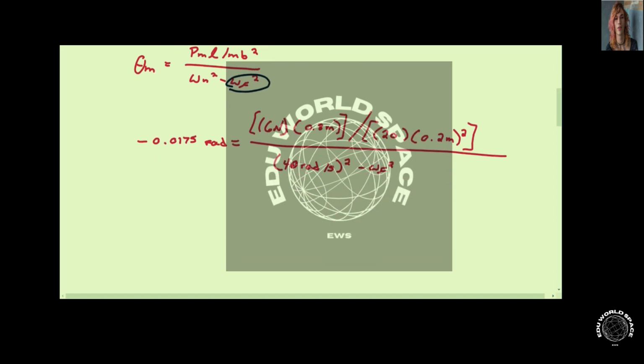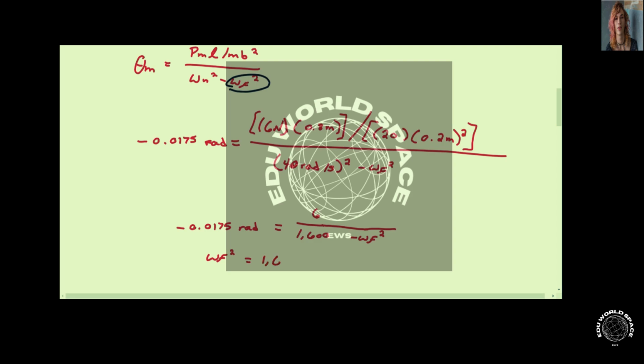And now we'll have 0.0175 radians equals 6 over 1,600 minus, there we go, the frequency. And now we're just going to keep solving.